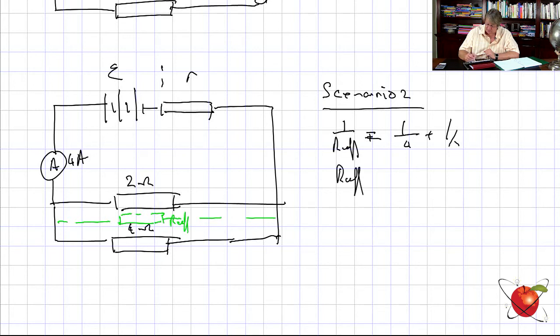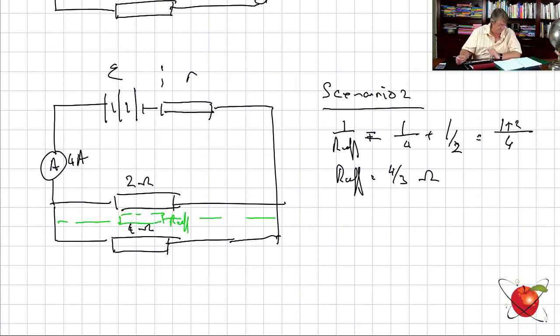So I end up with R effective being equal to 4 over 3 ohms, correct?